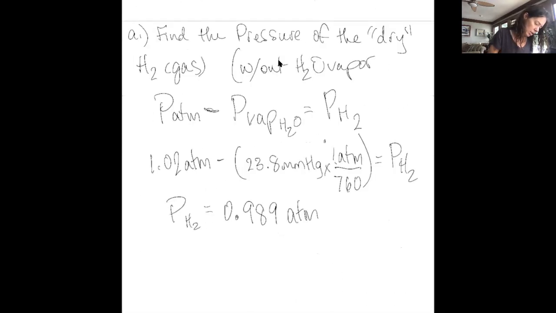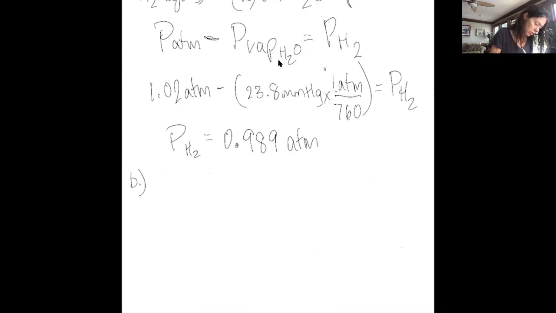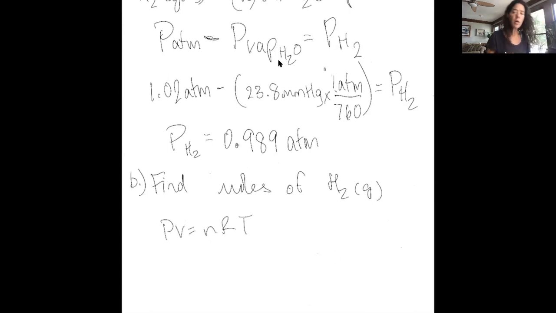Now I'm going to find the moles of hydrogen gas. I'm going to do that by using the ideal gas law. A couple things: you can only use the ideal gas law with a gas. That means I cannot plug zinc into here. I cannot plug hydrochloric acid into this. Students try to do that.